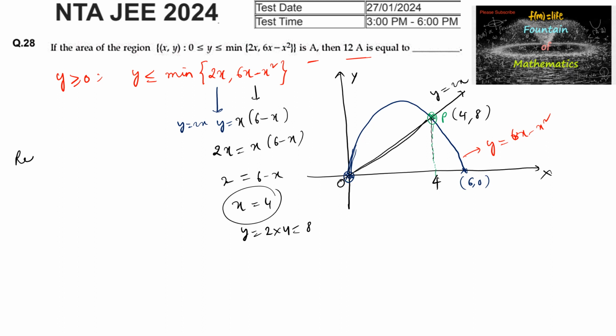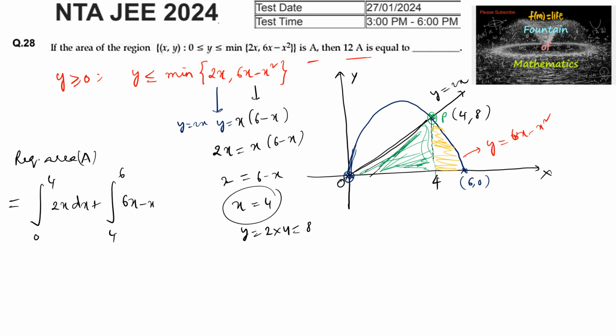So the required area A is equal to the integral from 0 to 4 of the straight line y is equal to 2x, and from 4 to 6, the minimum is the curve y is equal to 6x minus x square. We can write the integral from 4 to 6 of the curve 6x minus x square dx.